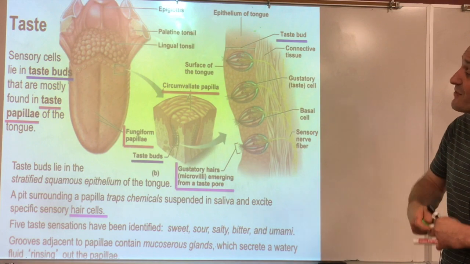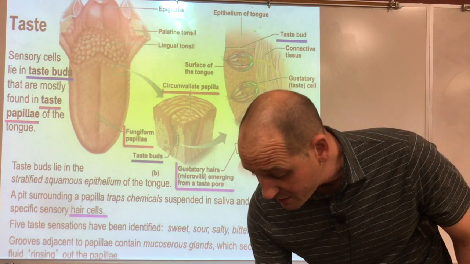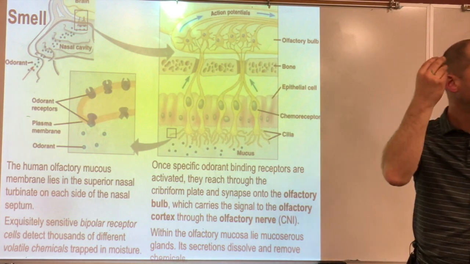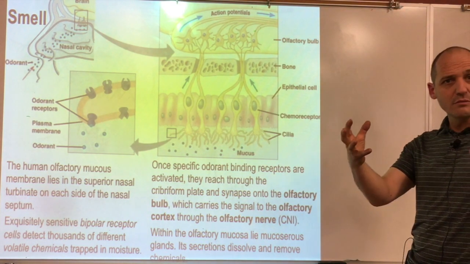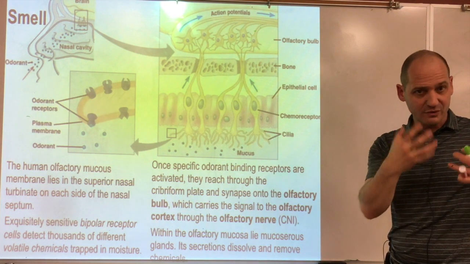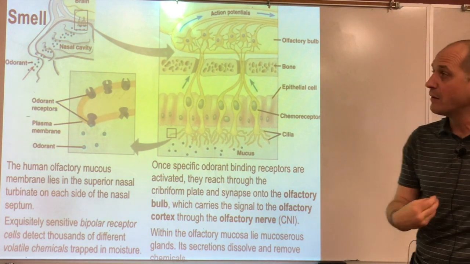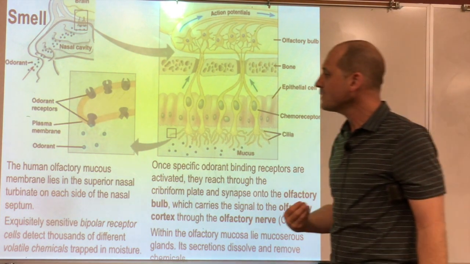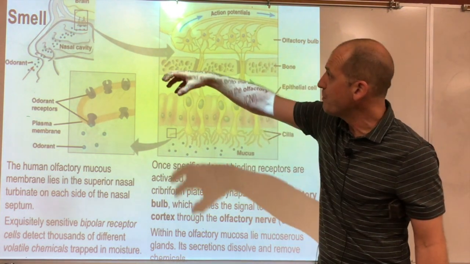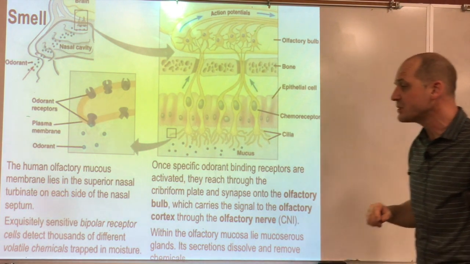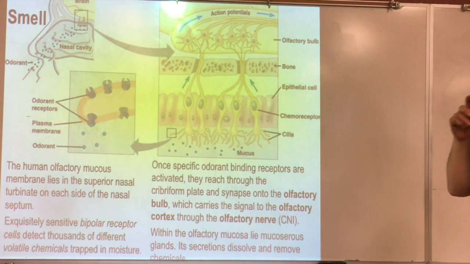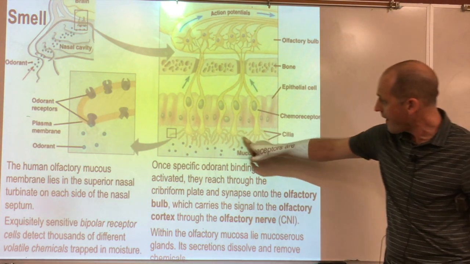And so everything else that we eat food and taste with is smell. 80% of our experience of food, what we think is taste, is actually smell. And so that happens right here up in the upper nasal cavity, and we have very, very sensitive cells up there that pick up the volatile chemicals that are trapped in moisture right in here.